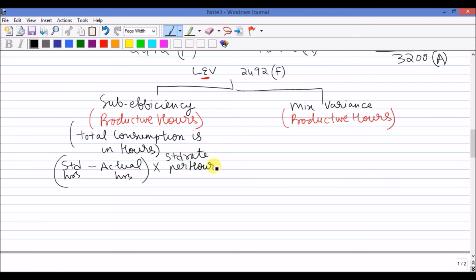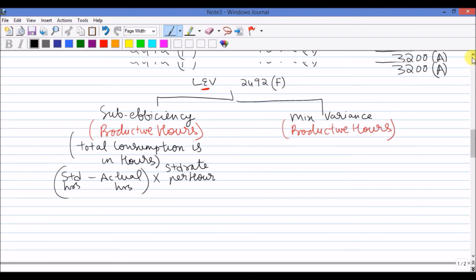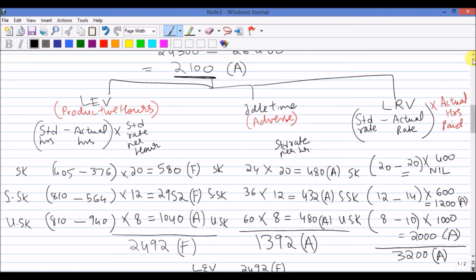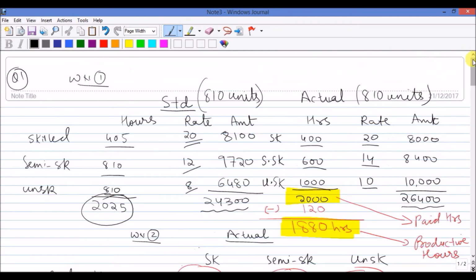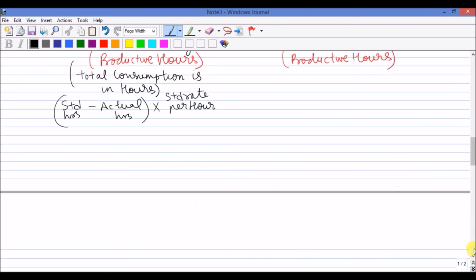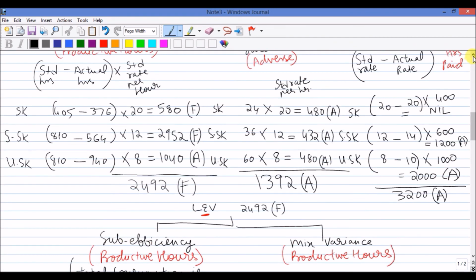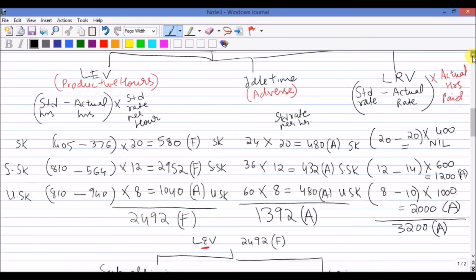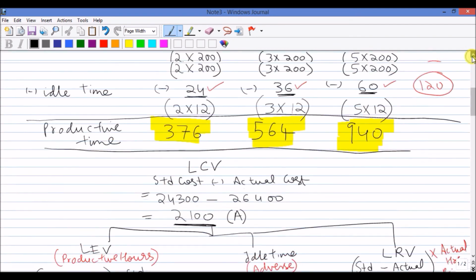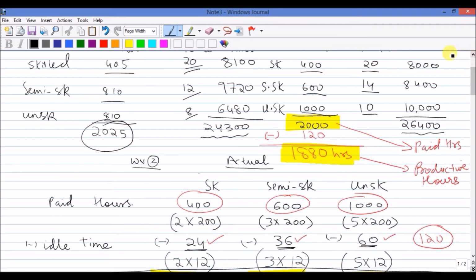Kindly follow material variance, those who are not following this. How much is the standard hours? Standard is 2025, and how much is the productive hour? 1880.